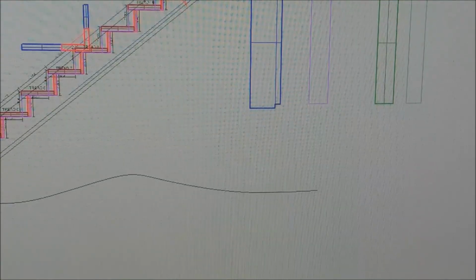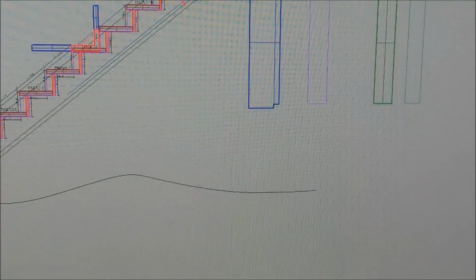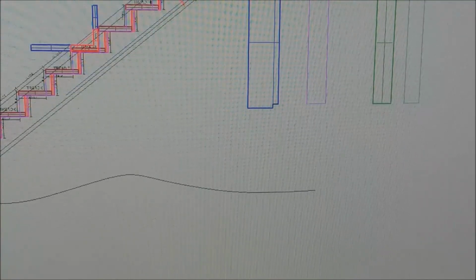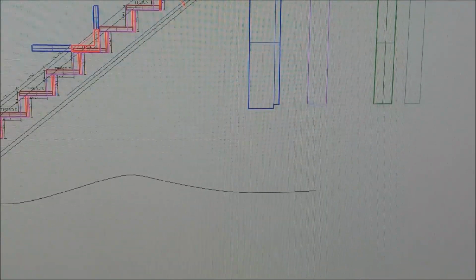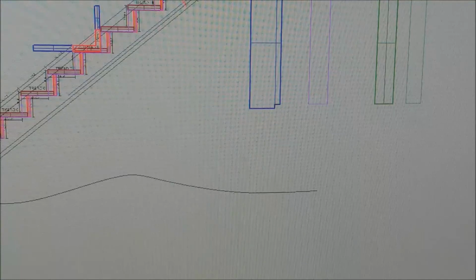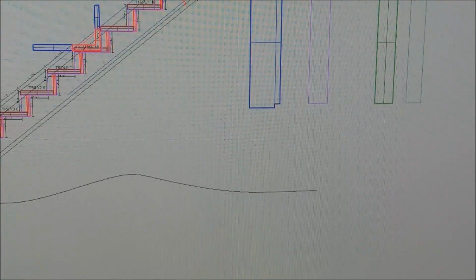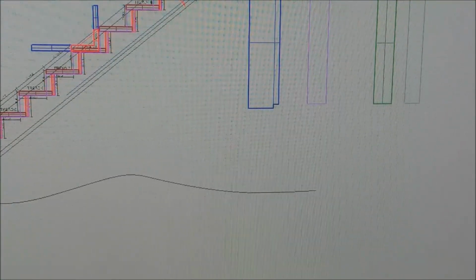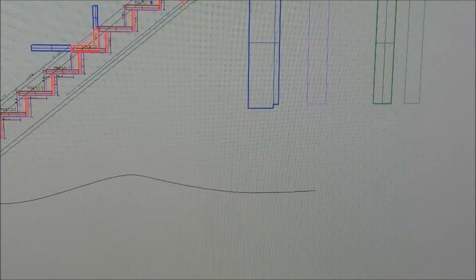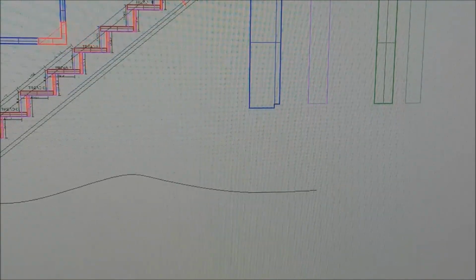So you've got a horizontal line here. You can slide the framer square along that line until it matches up to the mark on the stringer in the front. Then you draw a vertical line down the short leg of the framer square, and that's the notch that you cut.